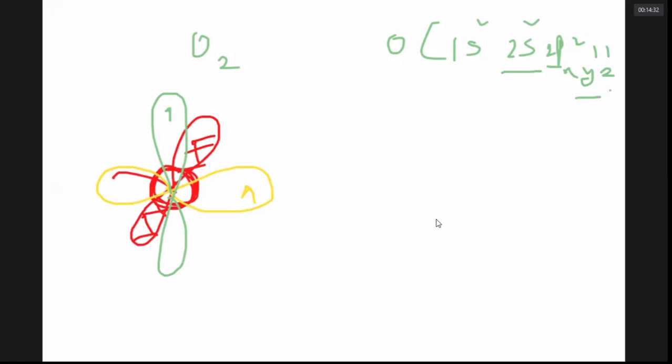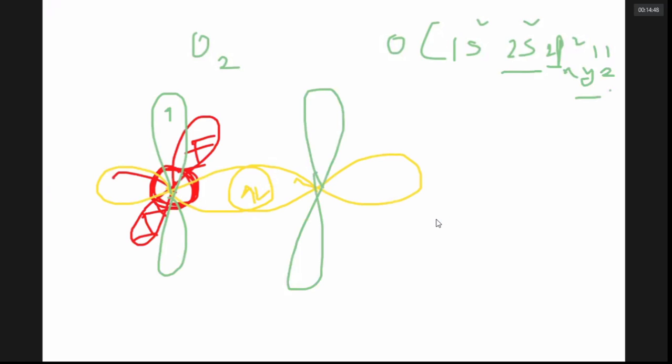Now this oxygen atom overlaps with another oxygen atom. This is another oxygen atom's 2py orbital. It is another oxygen atom's 2pz orbital. Notice that these two orbitals have electrons with opposite spin.